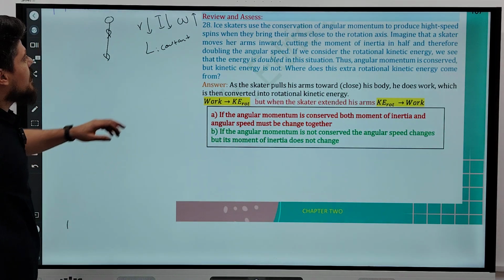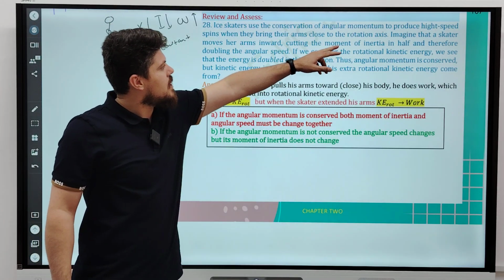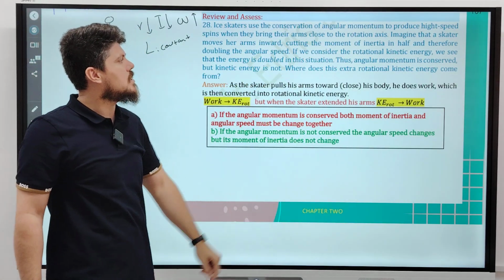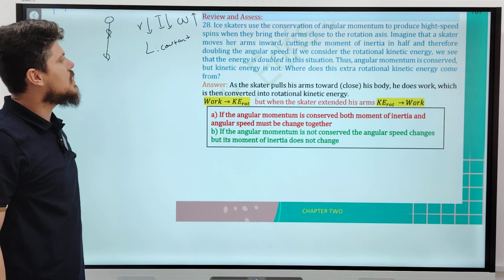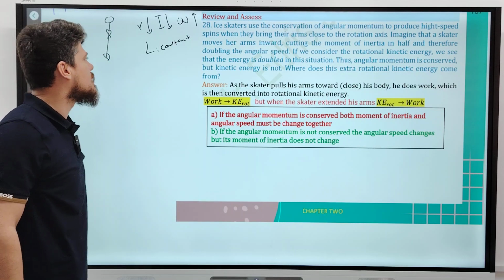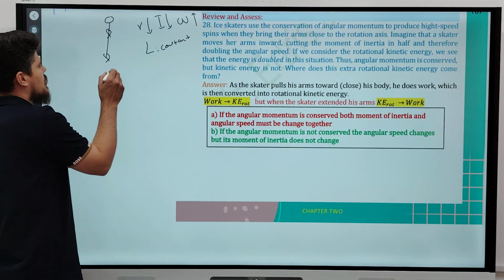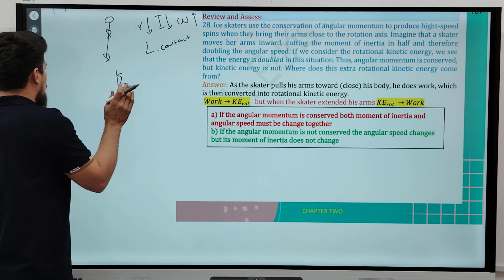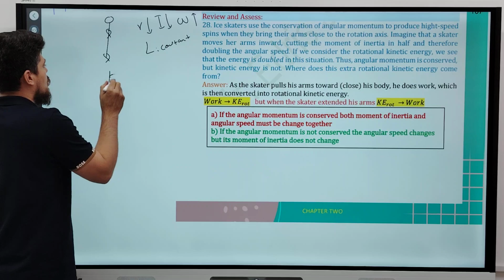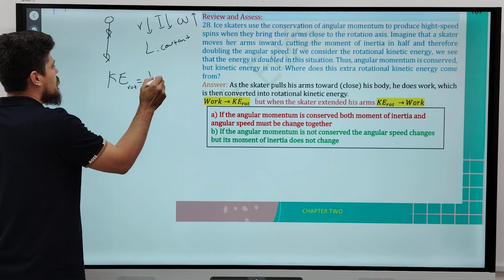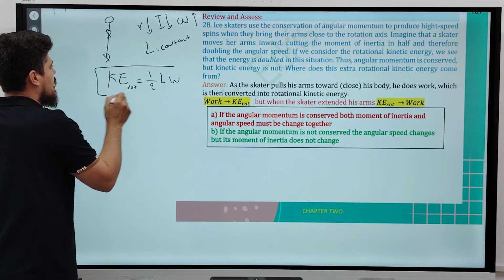So when cutting the moment of inertia in half and therefore doubling the angular speed, if we consider the rotational kinetic energy, we see that the energy is doubled. Because the ice skater is using the conservation of angular momentum, rotational kinetic energy is equal to 1/2 L omega.